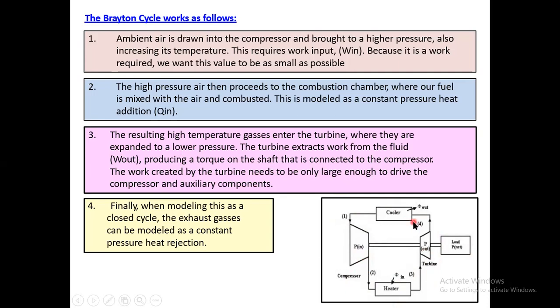Then number 4, the cyclic process provides its output to the cooler. During this whole Brayton cycle, the load is driven by the cycle from 1 to 4, and from 4 it repeats again. Finally, when modeling this as a closed cycle, the exhaust gases can be modeled as constant pressure heat rejection.